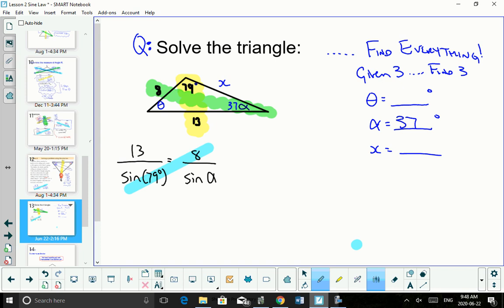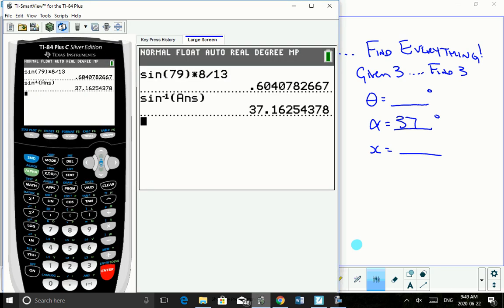Now, what I can do is I know 2 corners of my triangle, so finding the third one's pretty simple. I'm going to go 180 minus 37 minus 79, and that will get me out theta. And I get out 64 degrees.